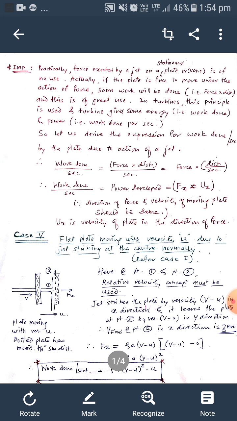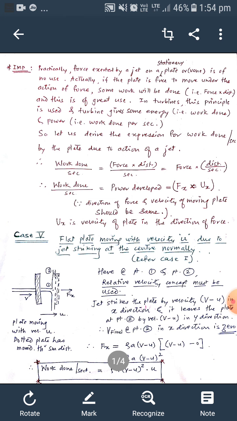Now if we consider the velocity of plate as u and velocity of jet as v, then at the point number 1, you can see at the dotted portion I have marked point number 1, that is the inlet point. Here what is the relative velocity of jet with respect to plate? Yes, obviously v minus u. This velocity we have to consider in the calculations of force.